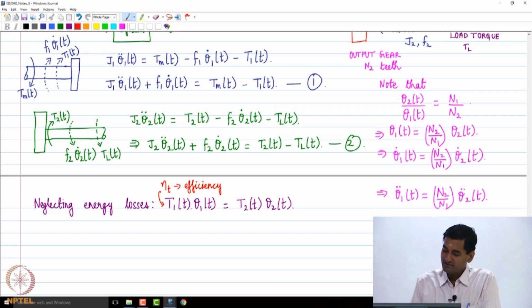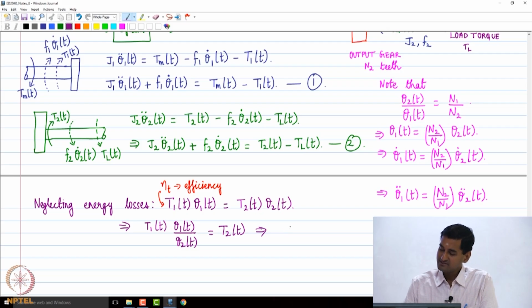So this is T1t times theta 1t. What does this tell us? This immediately gives us that T1t theta 1t divided by theta 2t is equal to T2t.